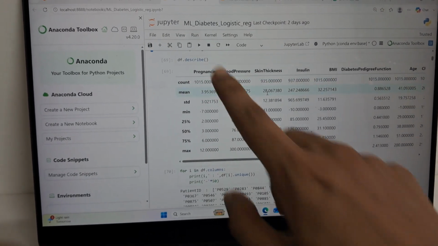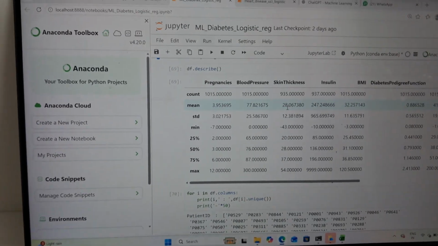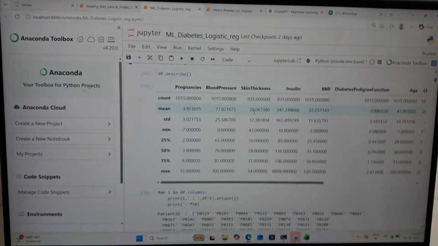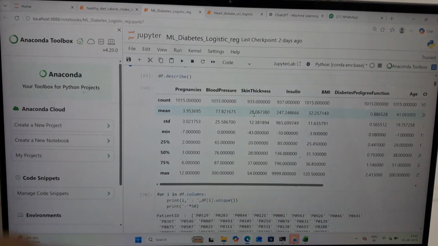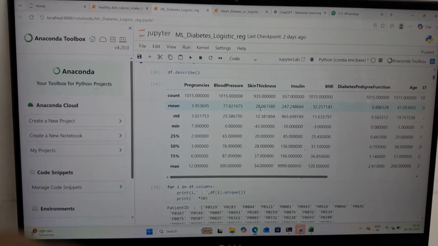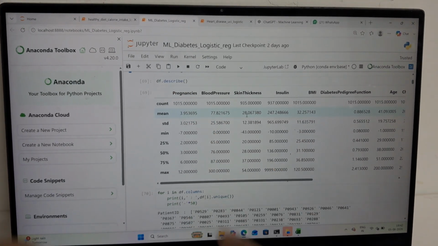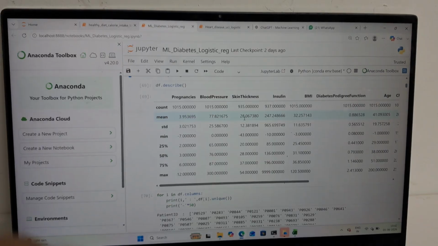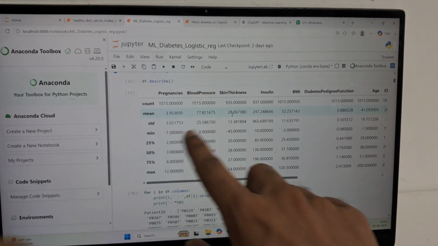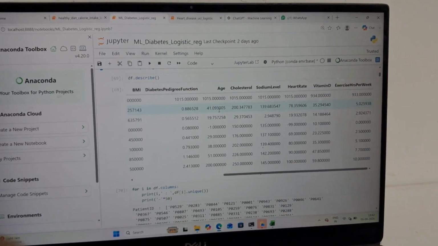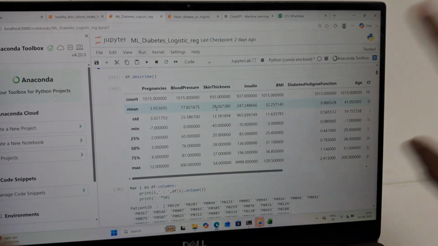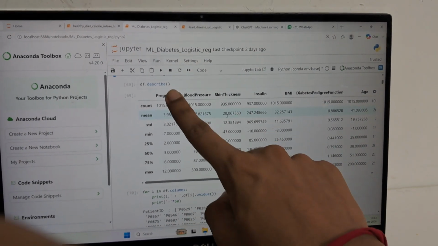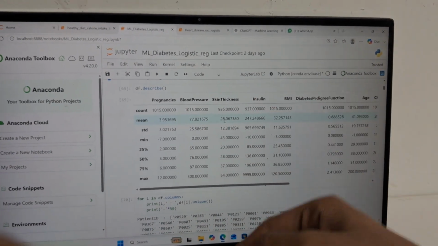And this one is describe. The describe function will give the statistical summary of the data. This will only consider numerical columns and it will ignore categorical columns. In the pregnancy column, how many rows are there?